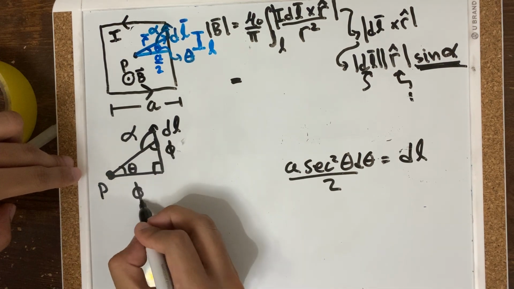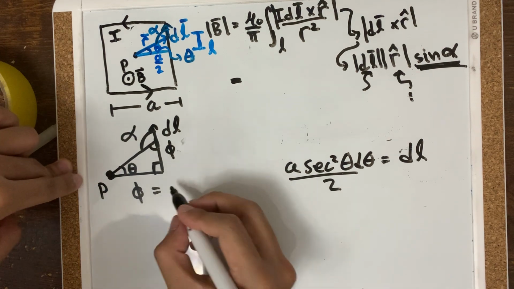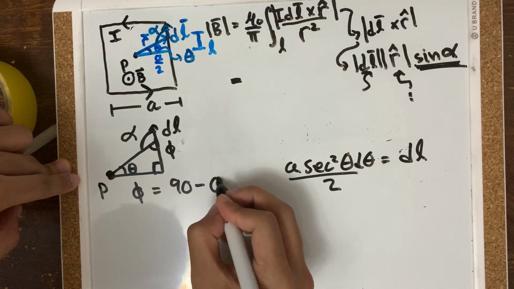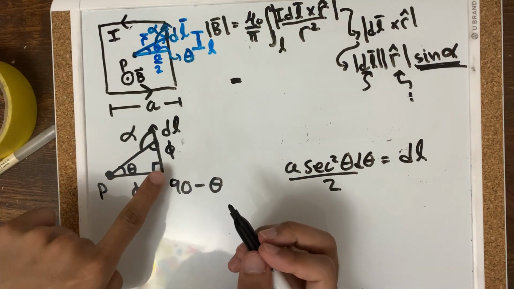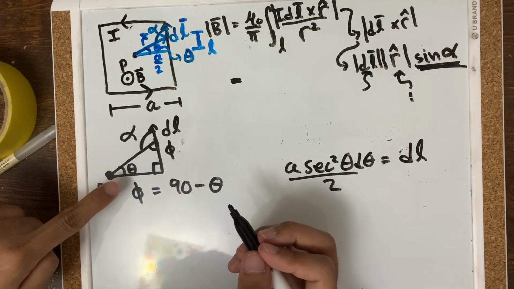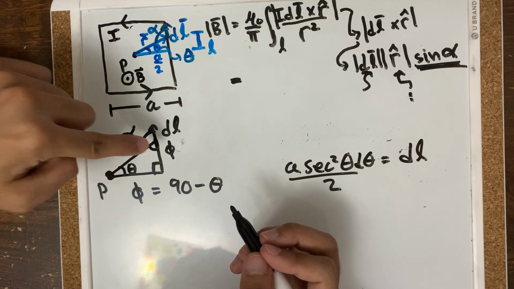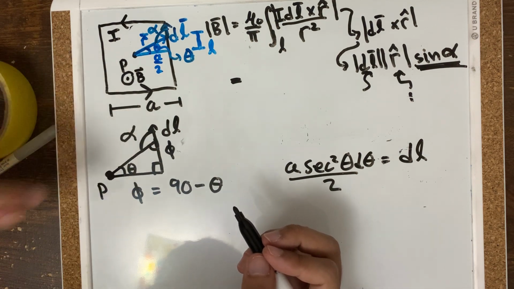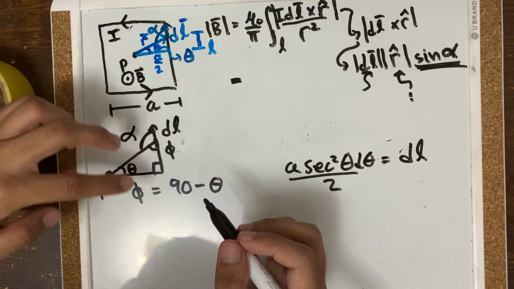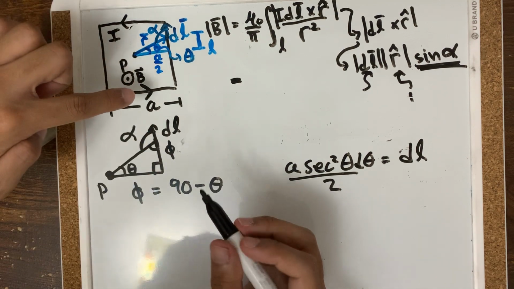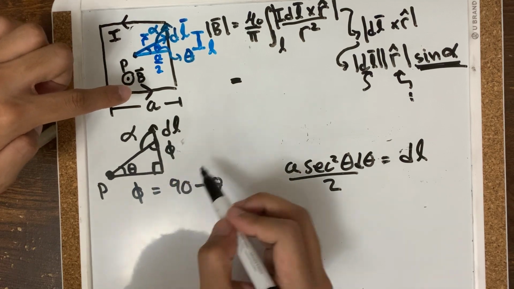Phi is equal to 90 minus theta, because theta plus this angle is equal to 90. Then we can find alpha using another identity: this straight line has an angle of 180 degrees on each of its sides.